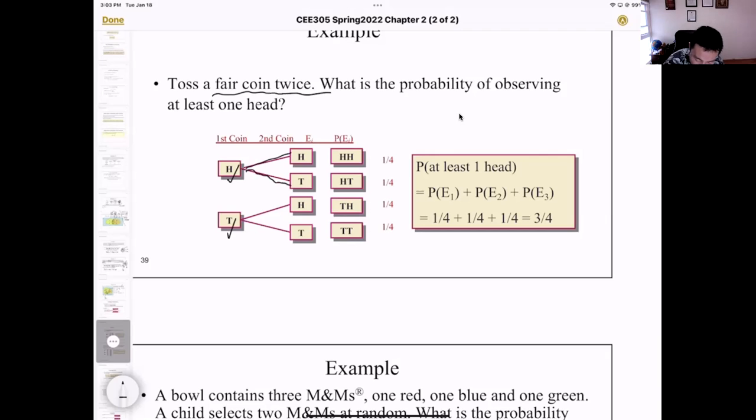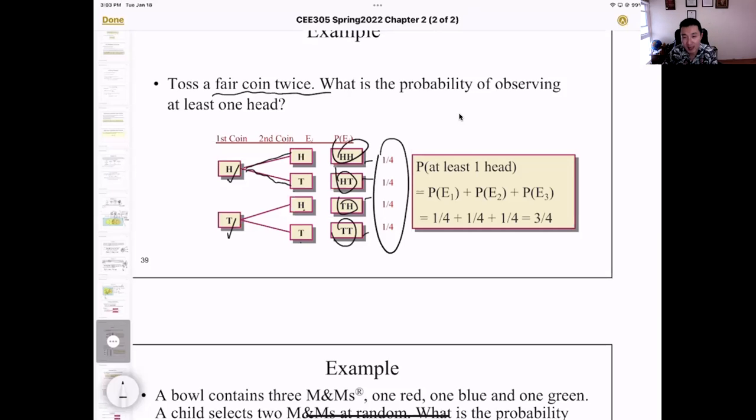So we have head, head and head, tail. If the first coin is tail, we also have head and tail. So we have tail, head and tail, tail. And these are equally likely events. So each of these 4 possible outcomes has a 1/4 chance.